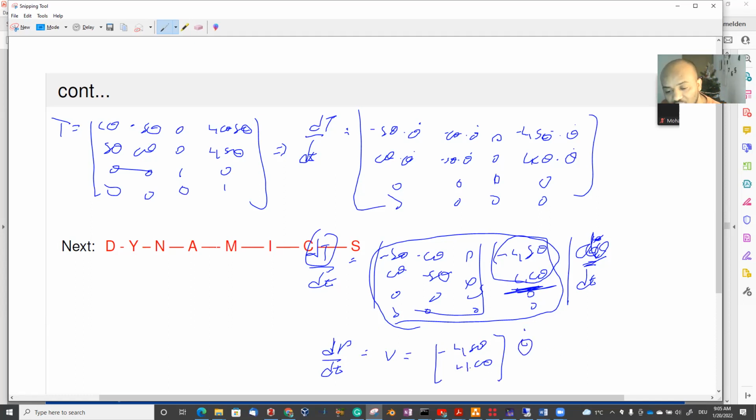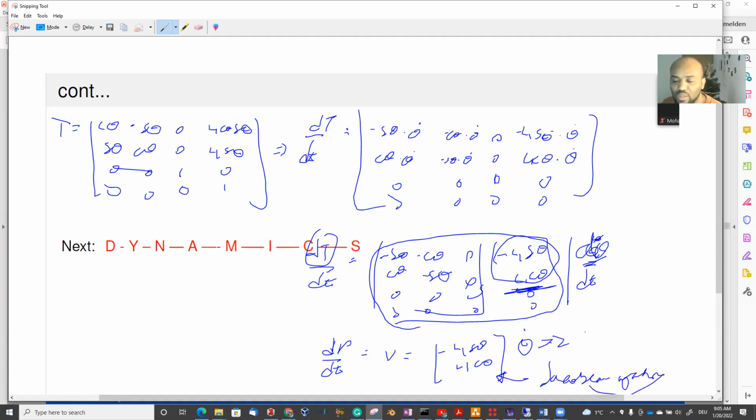This is time independent, in the joint space, and we call it a Jacobian matrix.